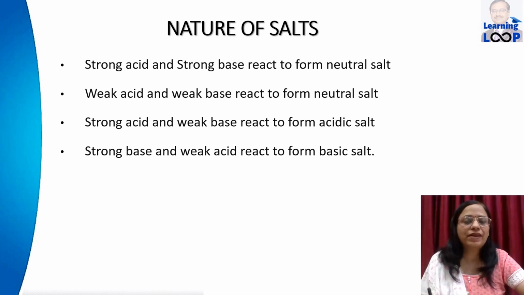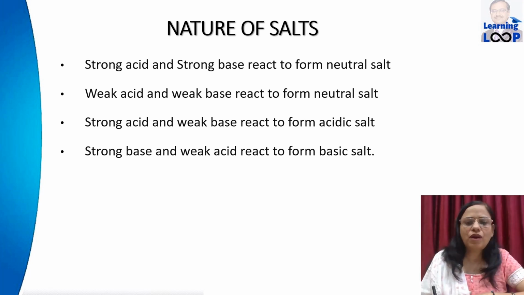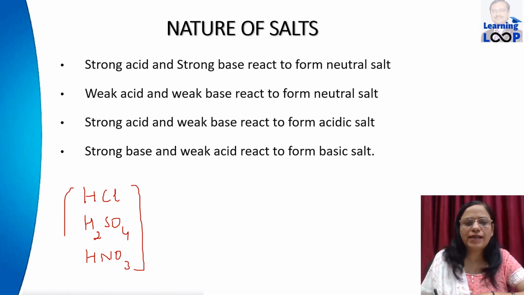Now you must be wondering what are strong acids and how do we identify whether a given acid is strong or weak. I have already told you earlier that there are just three strong acids: HCl, H2SO4 and HNO3. These are the three strong acids.